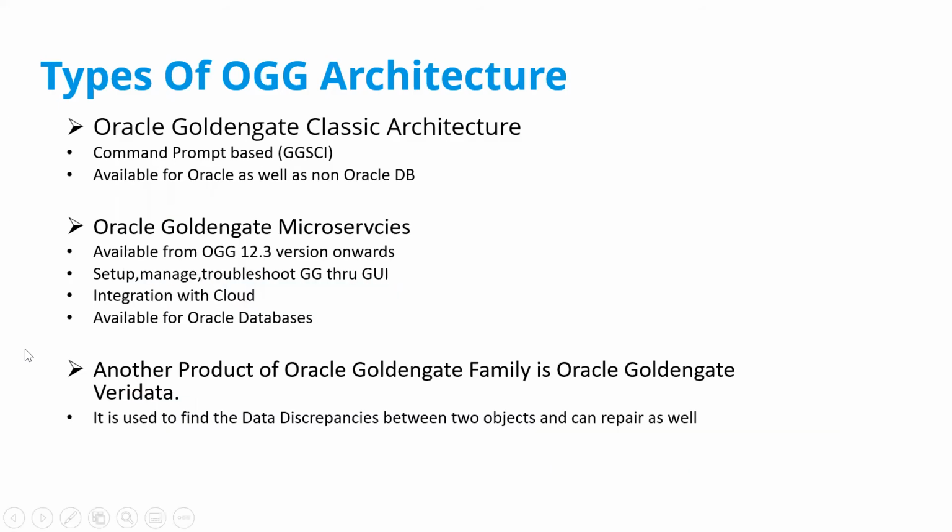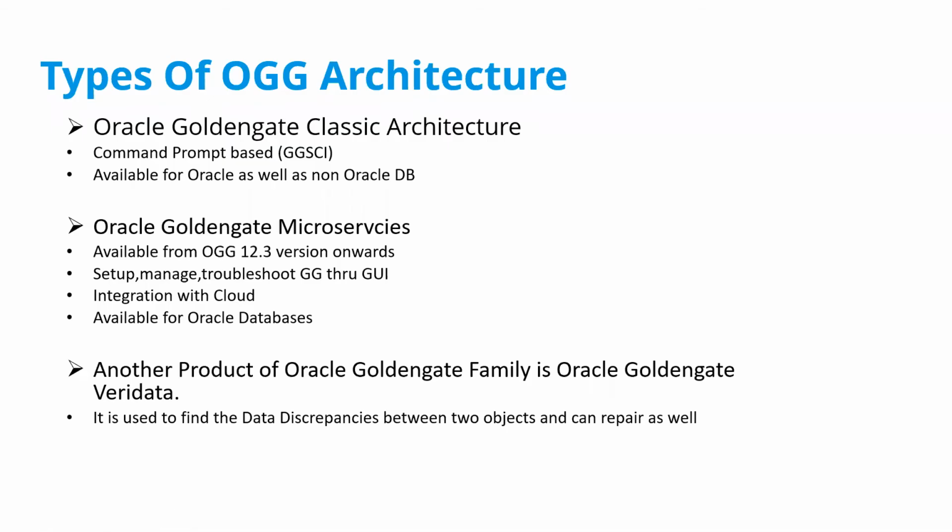Another thing is the certification part as well. The GoldenGate certification contains 10 to 15% of questions from Veridata as well. So Veridata is another important thing. If I have to talk about the overall GoldenGate family, it includes classic architecture, microservices. Sorry, this is misspelled. This is microservices. I'll correct it afterwards.